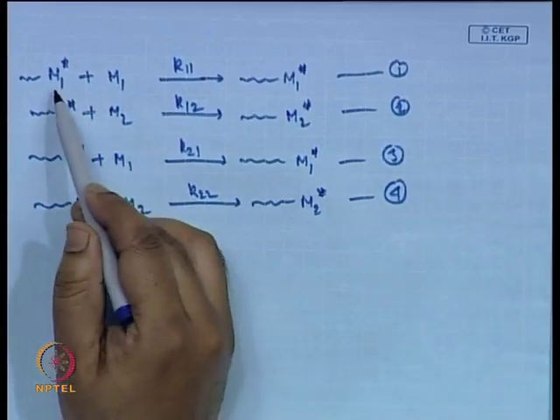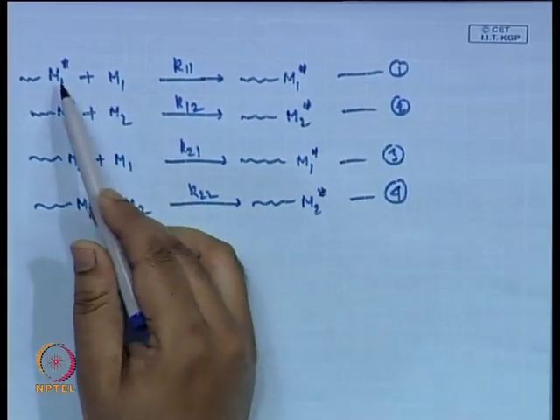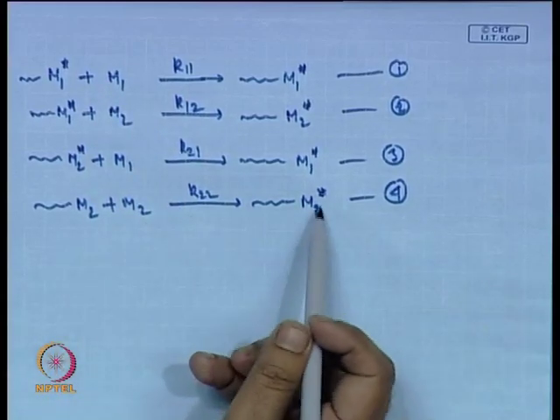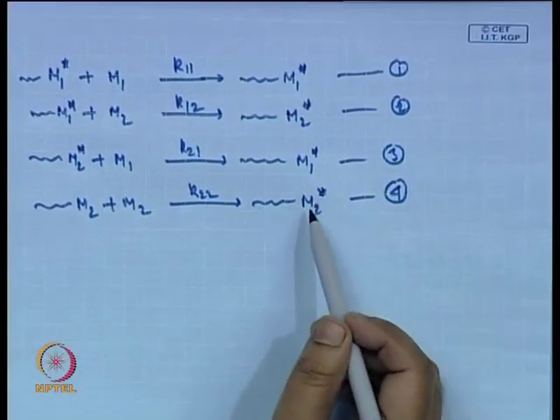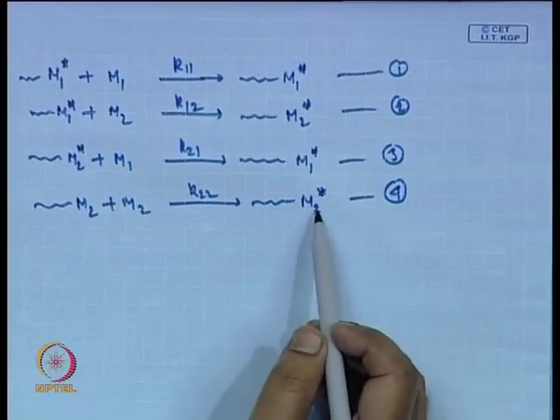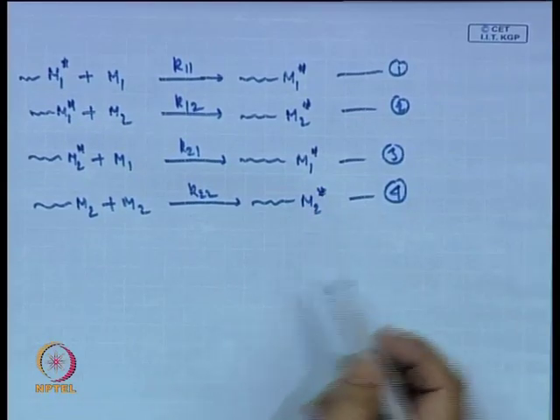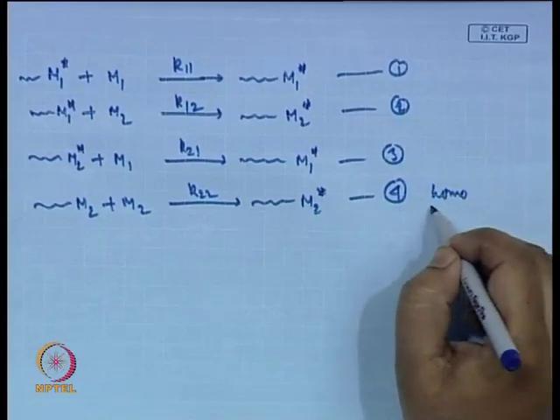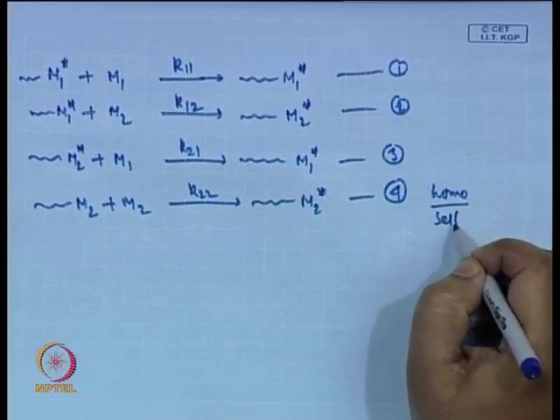Now, these reactions 1 and 4, where M1 is reacting with M1 and M2 is reacting with M2 from the same chain, same propagating species, are called homopropagation or self propagation.